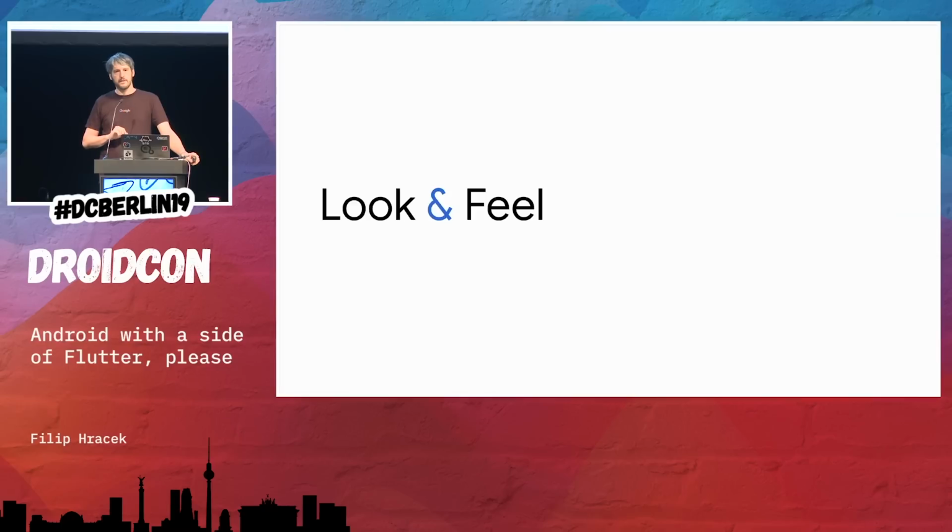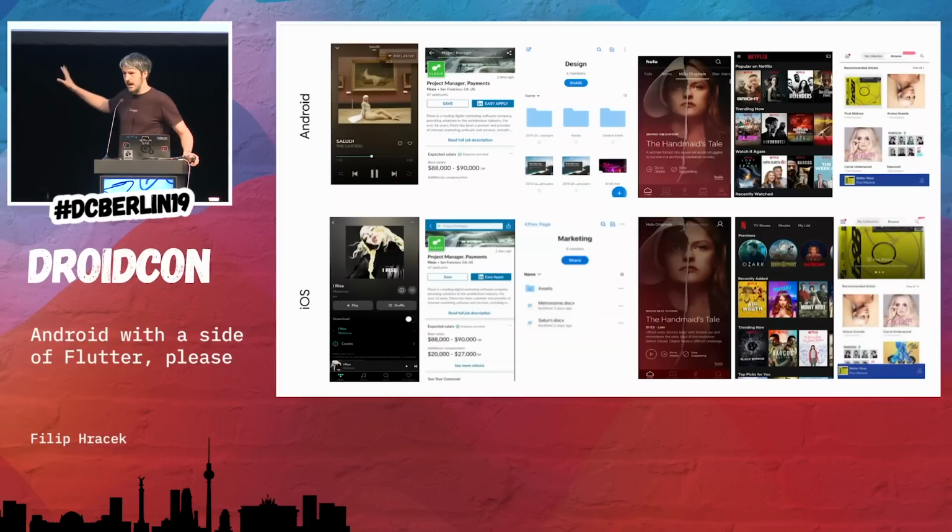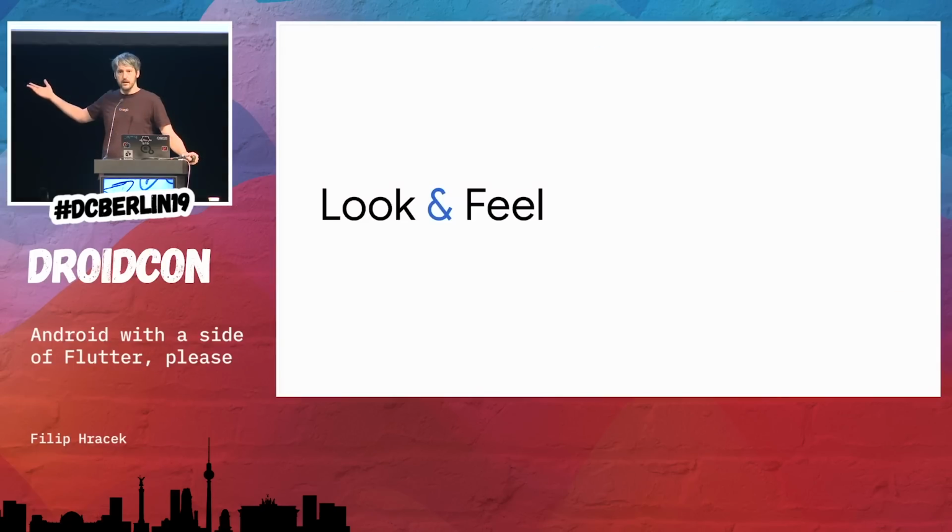And so that means that all of these apps, as far as I know, are not built in any cross-platform framework. They're actually built from scratch on each of those platforms to look very similar, but feel the way that they should, right?